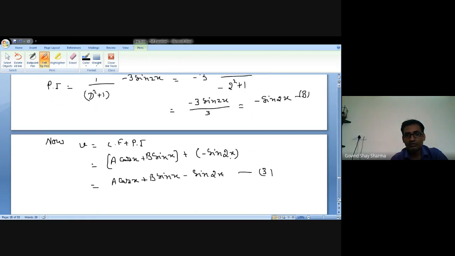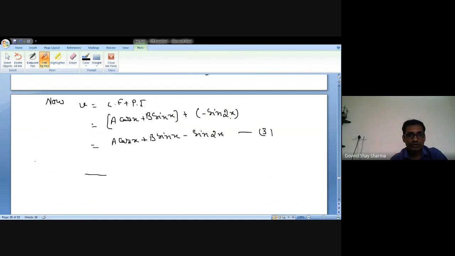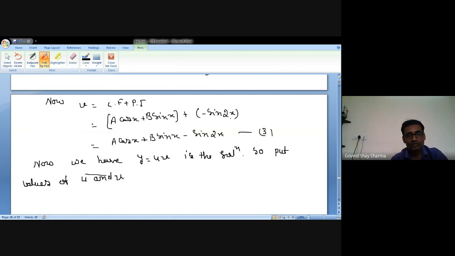Now we have the solution: y is equal to uv. So put the value of u and v.